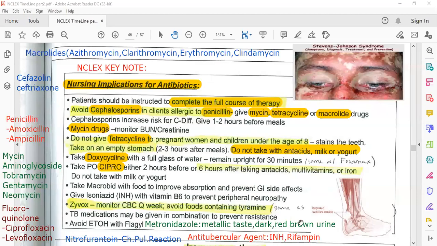Important for the NCLEX board. And here is macrolide, basically a group of drugs we call macrolides: azithromycin, clarithromycin, erythromycin, and clindamycin.